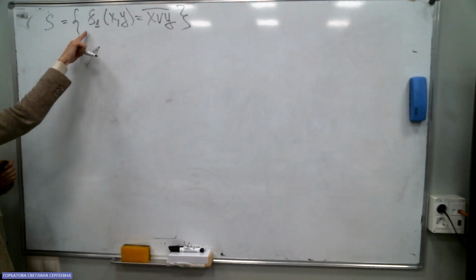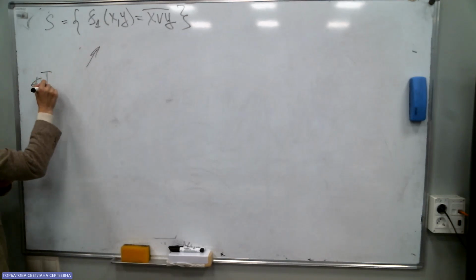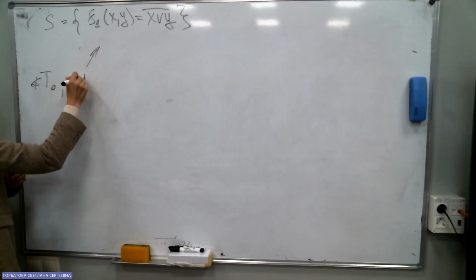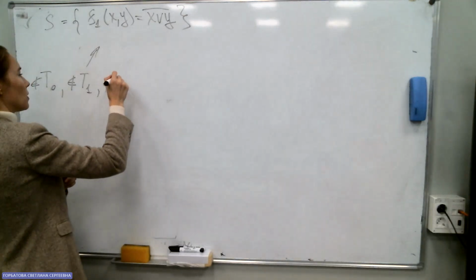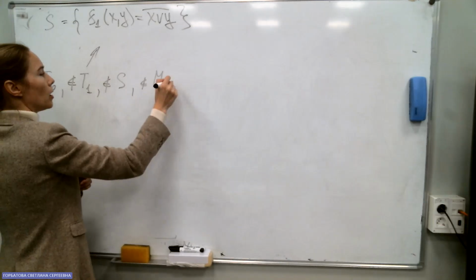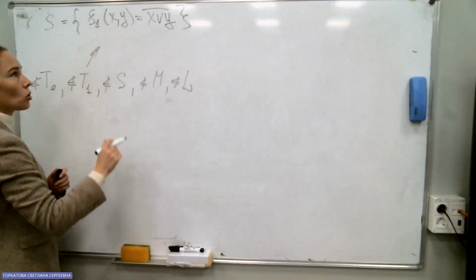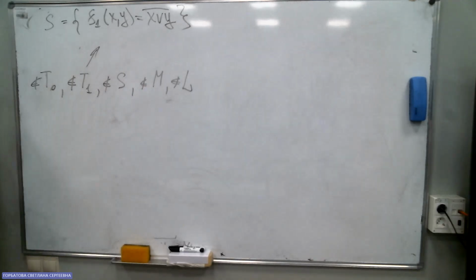If this function doesn't belong to T0, doesn't belong to T1, and doesn't belong to the other classes, S, M, and L, so if this function doesn't belong to each of 5 classes, it means that it's functionally complete. So the last question solved this way: this function is functionally complete. And previous time we constructed another big, complicated Boolean function just with this one function.